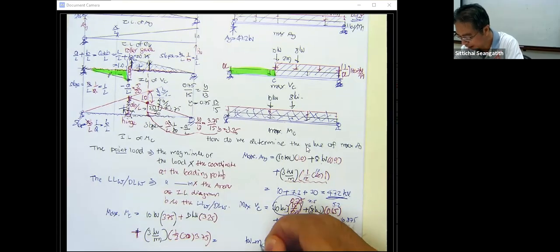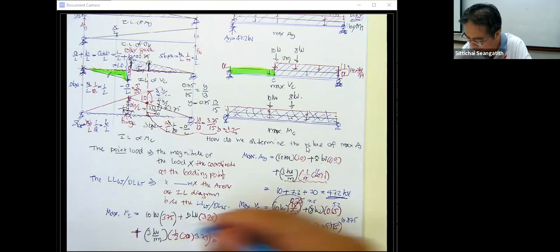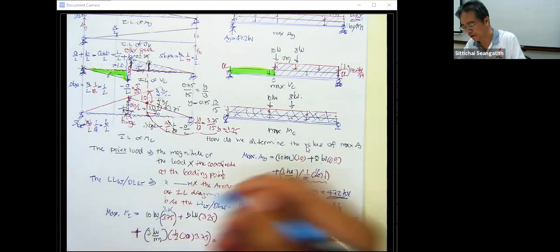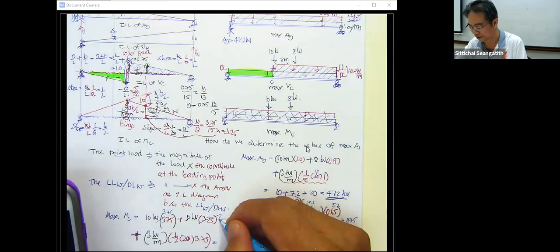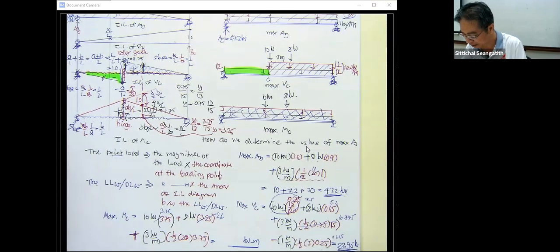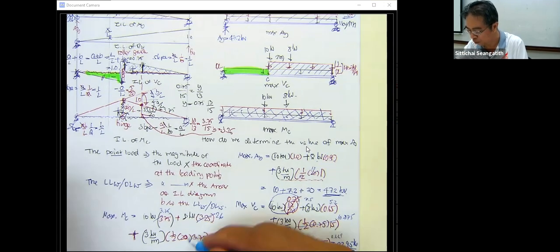Just do this. 3.25 times 8 is 26, and 30 times 3.75 is 112.5.